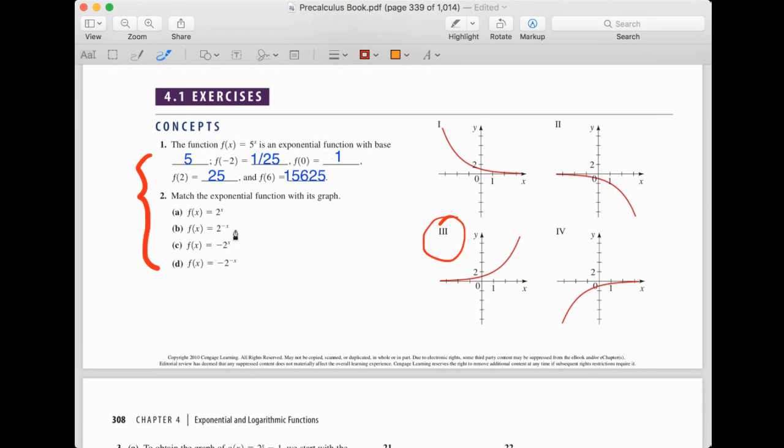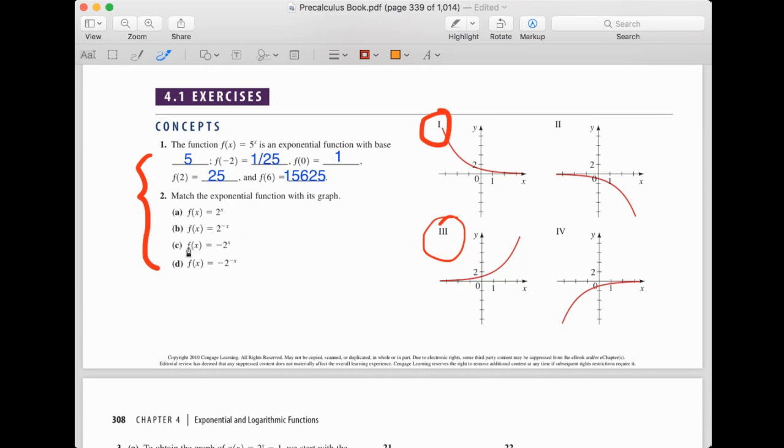I'll be the first one. The first one, yes. Do you want to also try C and D? C, the second one, and D, the fourth one.